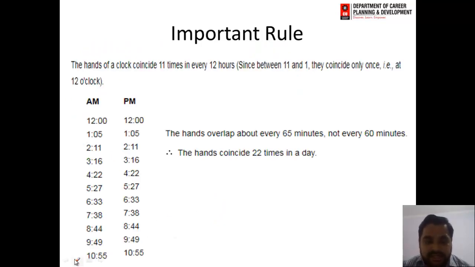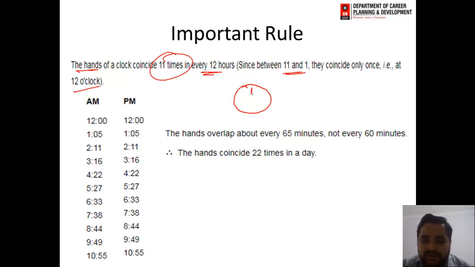Now the next thing that we need to understand: the hands of the clock coincide 11 times in every 12 hours. That means there is one coincidence between 11 and 1, at 12 o'clock. What does it mean? It means there are 11 coincidences.